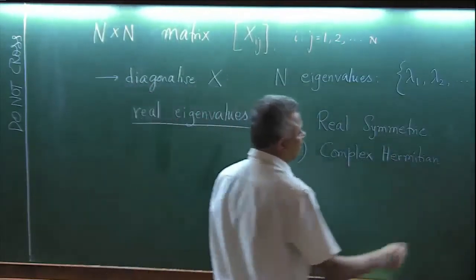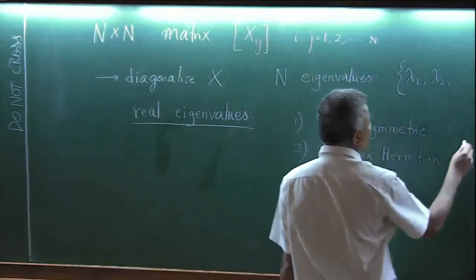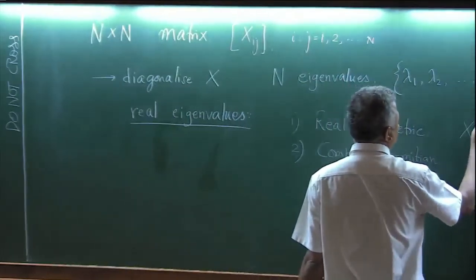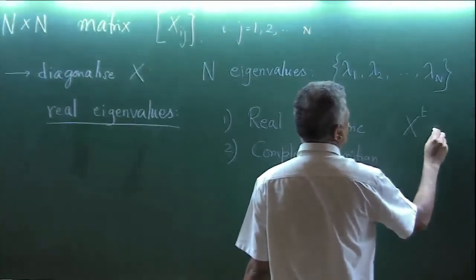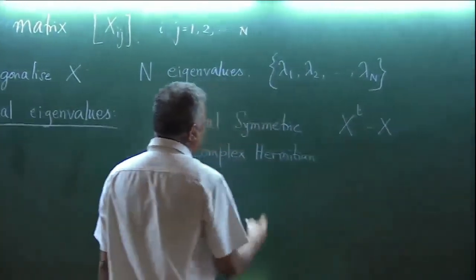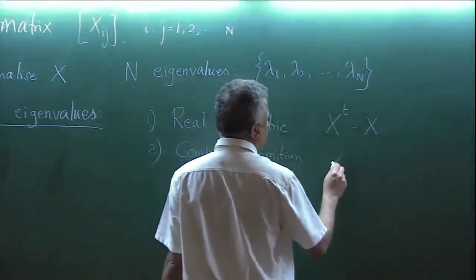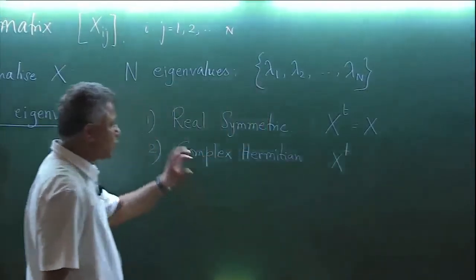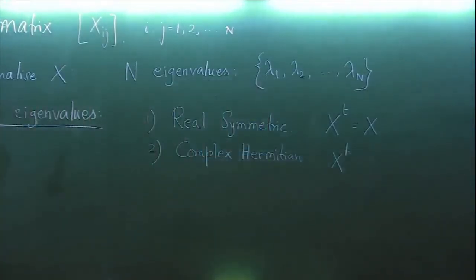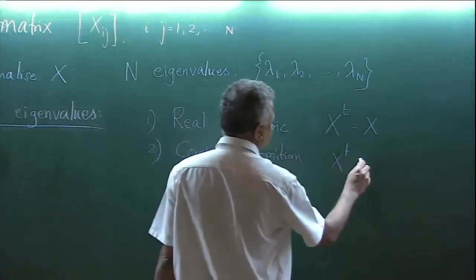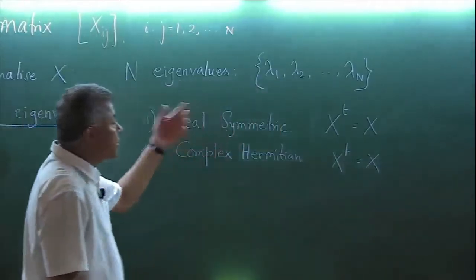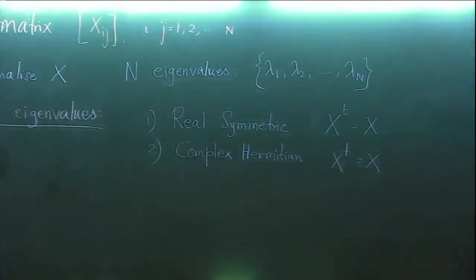Real symmetric means that the elements of X are real and X transpose is equal to X. And Hermitian means that X dagger, which means you transpose and then take the complex conjugate, is X. If you have such symmetries, then your eigenvalues are all real.